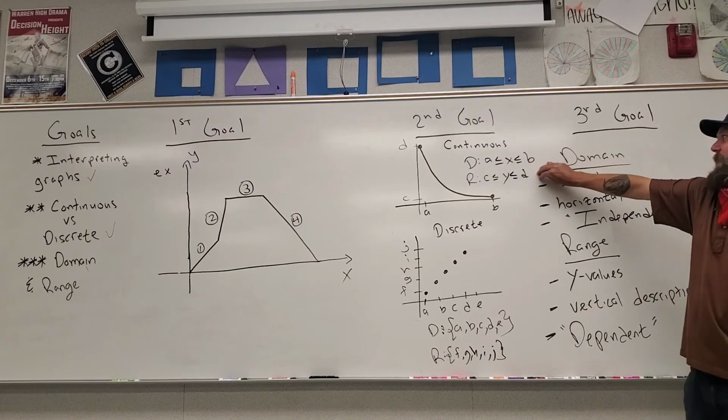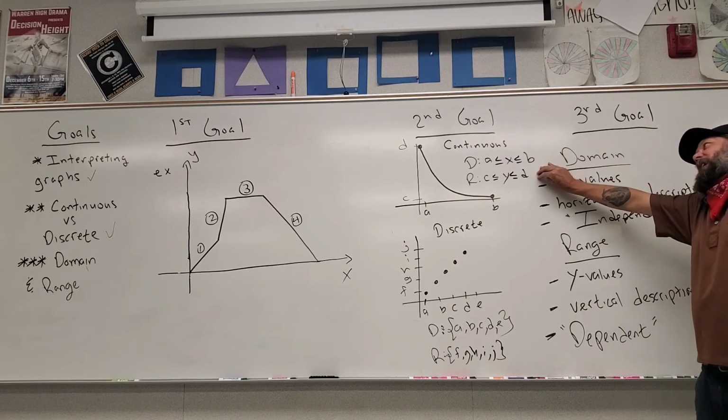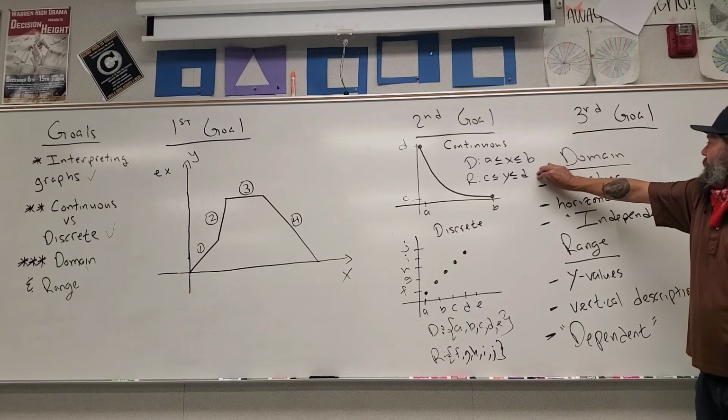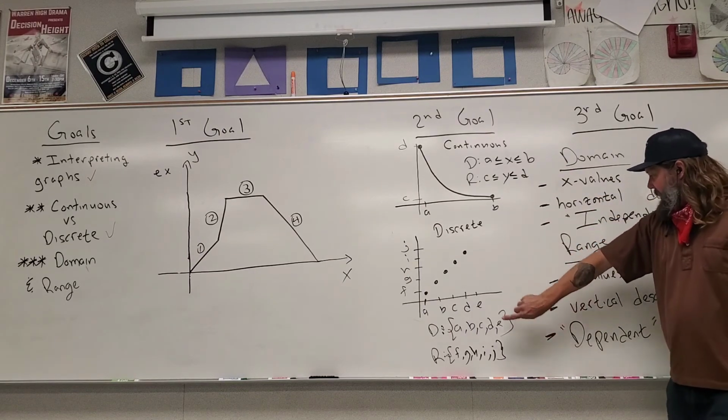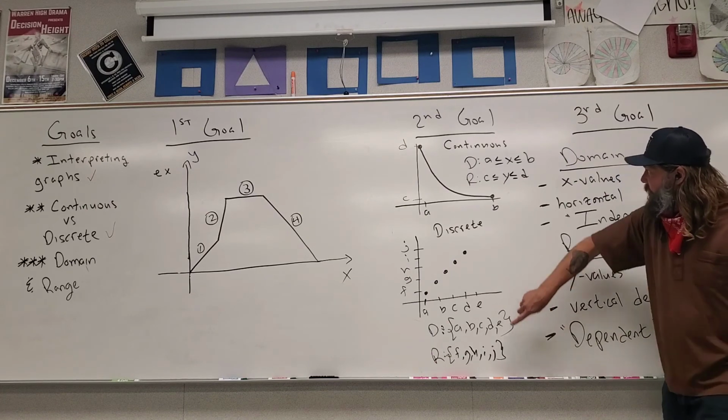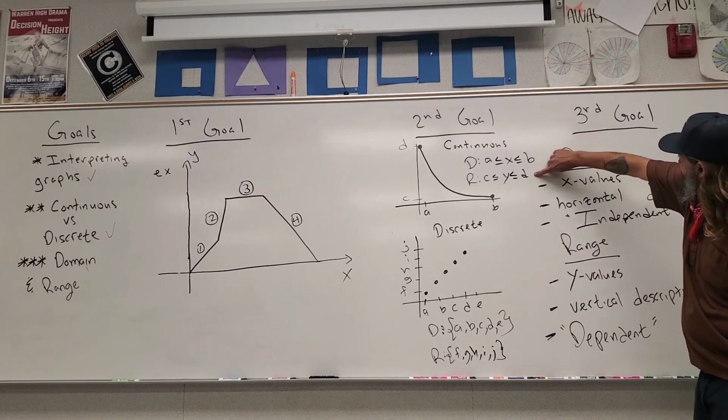If it's continuous, you have to use an inequality. If it's discrete, you have to list the elements of the X values for the domain, the Y values for the range, horizontal description, vertical description.